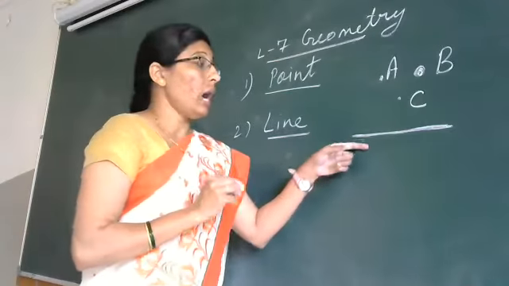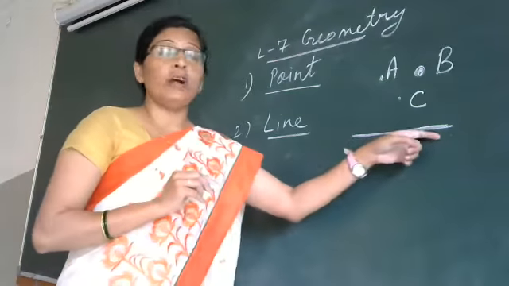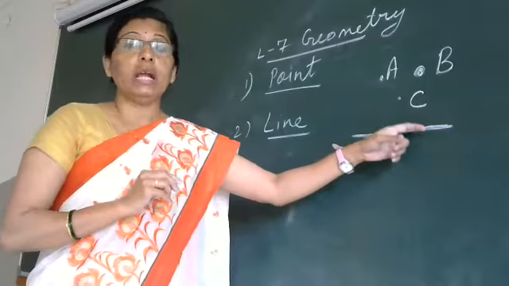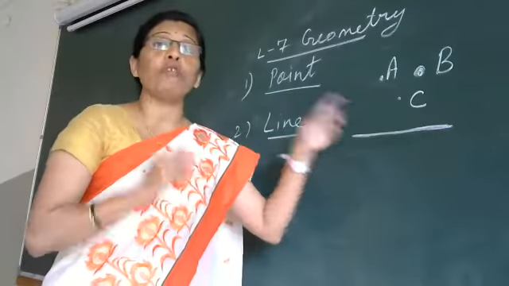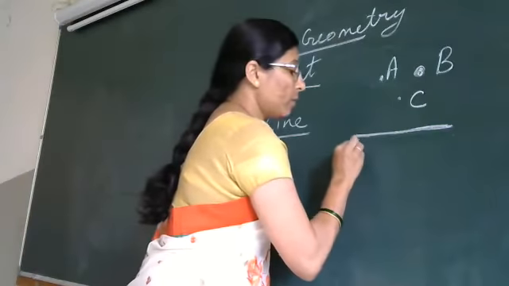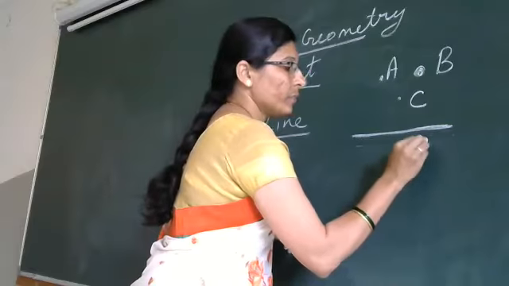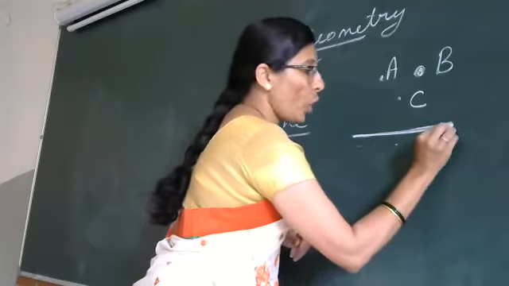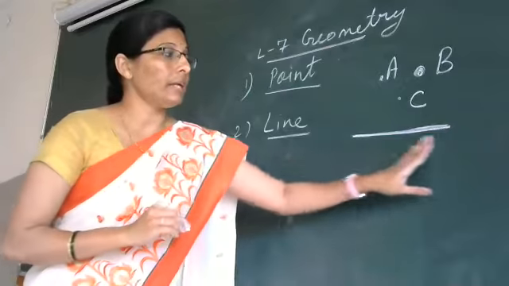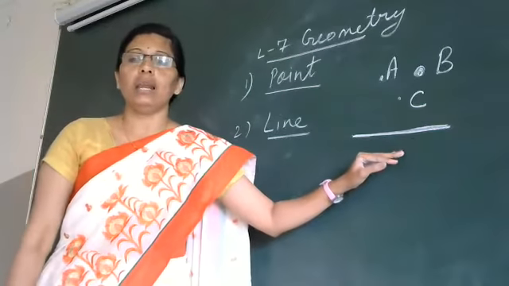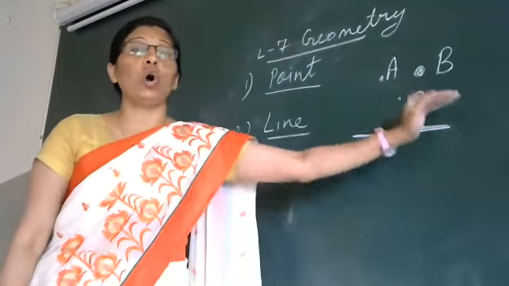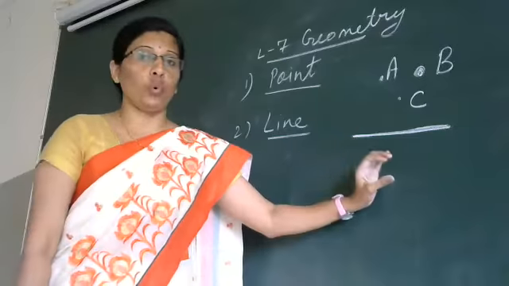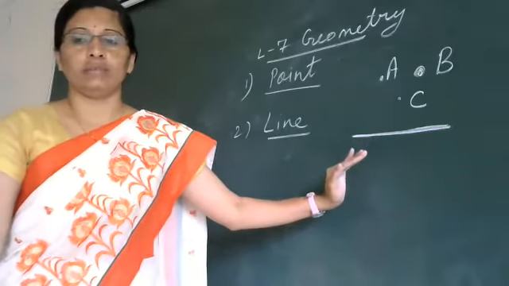What is a line? A line is made up of a collection of points. When many points are there and when you join them, that makes a line. So a collection of points is known as a line.